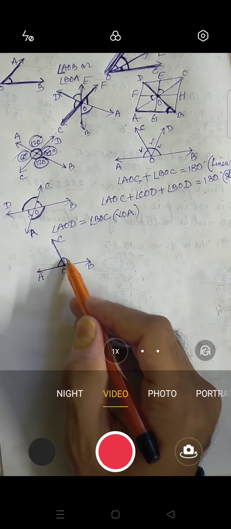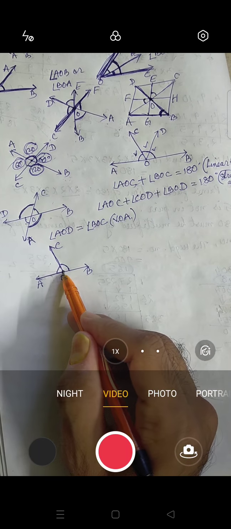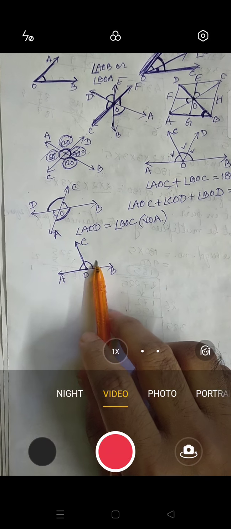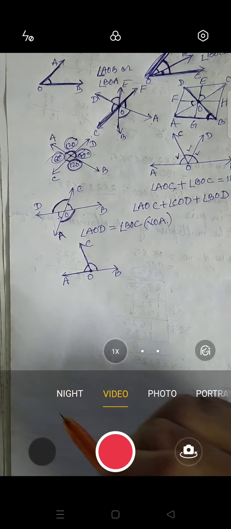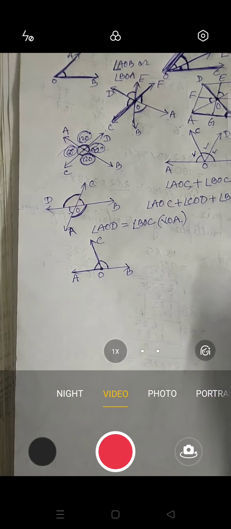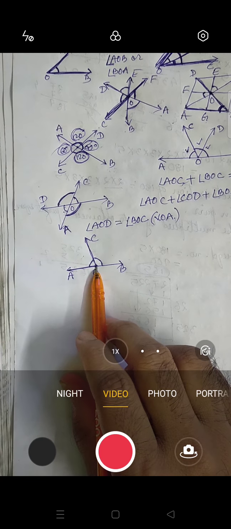You can see that in this angle you are having this arm as common, and in this angle you are again having this as common. So remember that if two angles have a common vertex and common arms, this is the vertex. Okay.